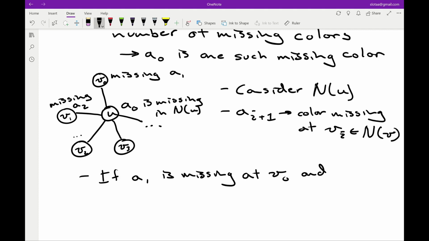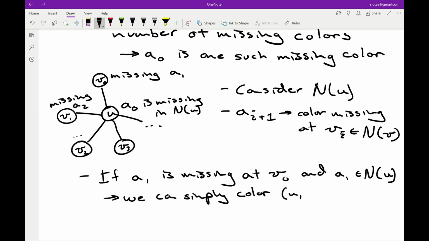If A1 is not within the neighborhood of U, then we can simply color the edge U V0 with A1. Trivially, if V0 is missing the color A1 and U is also missing the color A1, then we can simply color it that way.